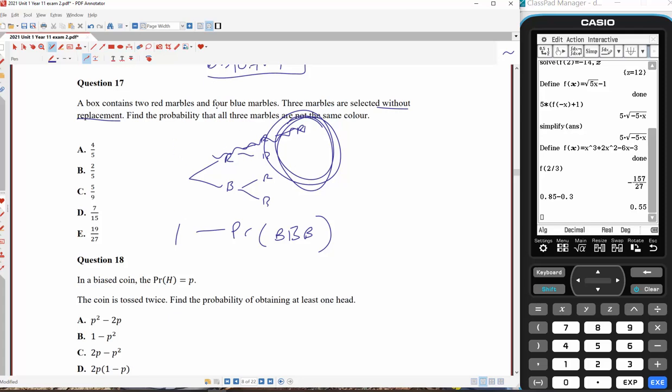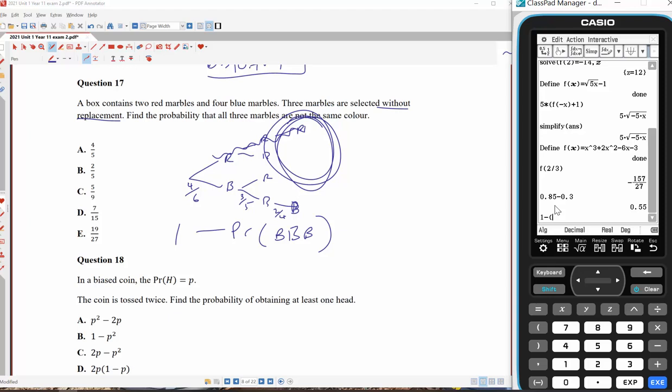Now, the probability of blue initially is 4 in 6. Is that right? Yep. Then another blue is 3 in 5, and the last blue is going to be 2 in 4.